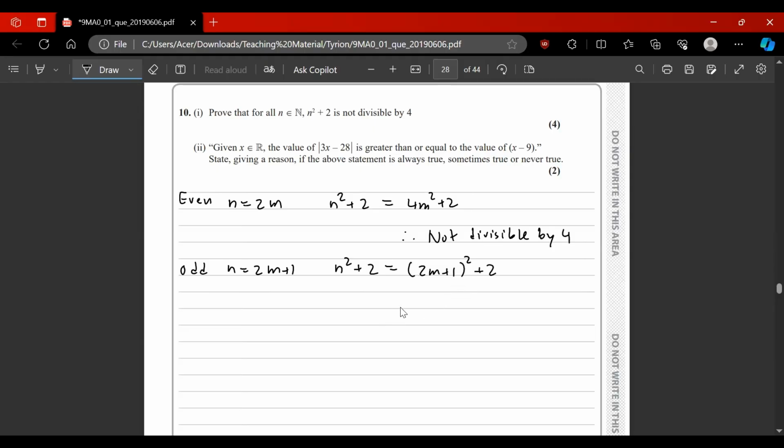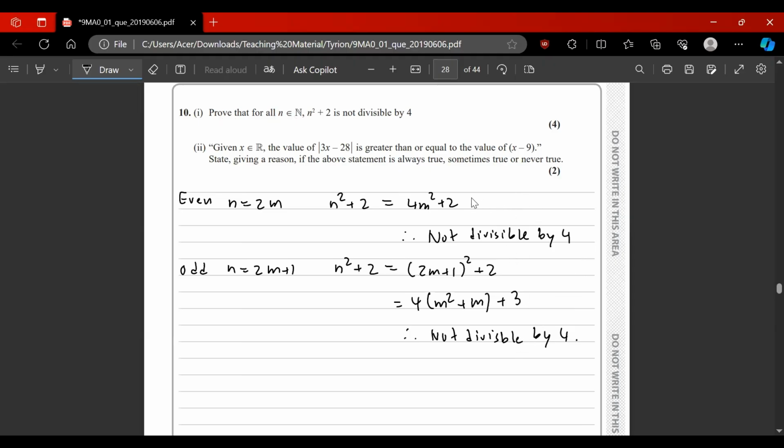So by expanding this and factorizing out 4 from the m terms, we get 4(m square plus m) plus 3. This is what happens in the expansion. So once again, you can see we don't have a common factor 4 in both the terms. Therefore, not divisible by 4 either. So this is how you prove the statement given here, which is that n square plus 2 is not divisible by 4.